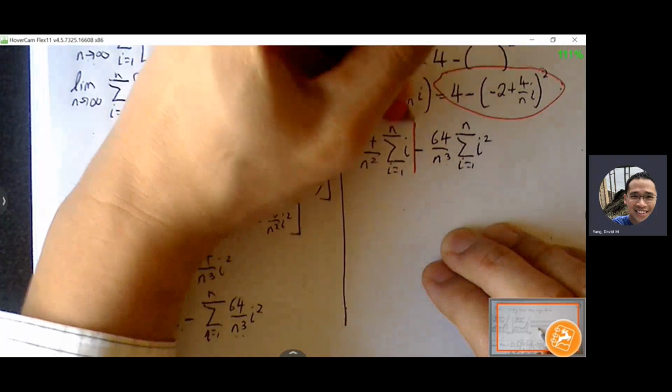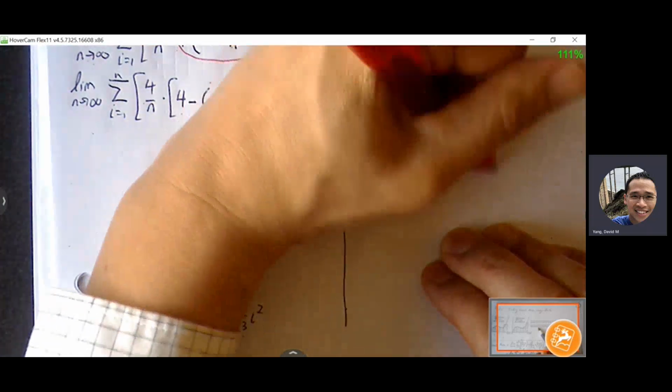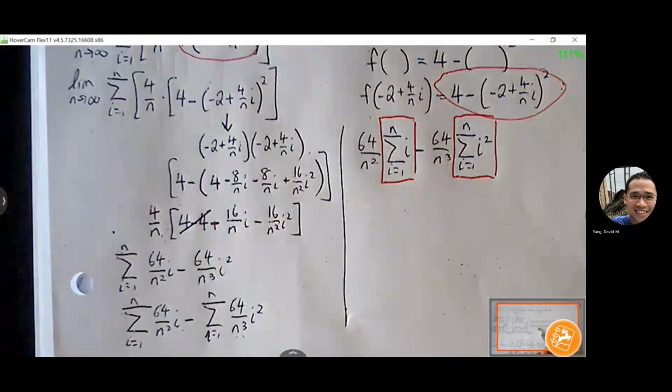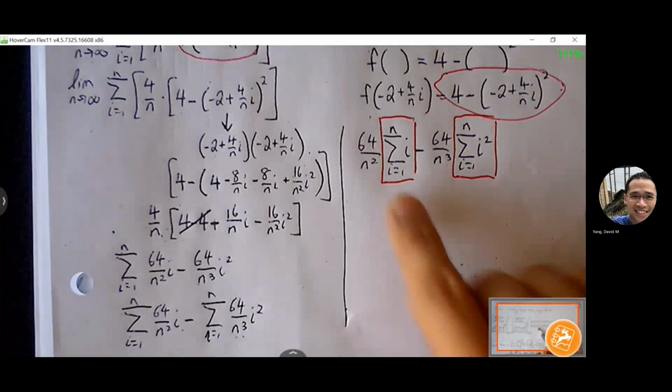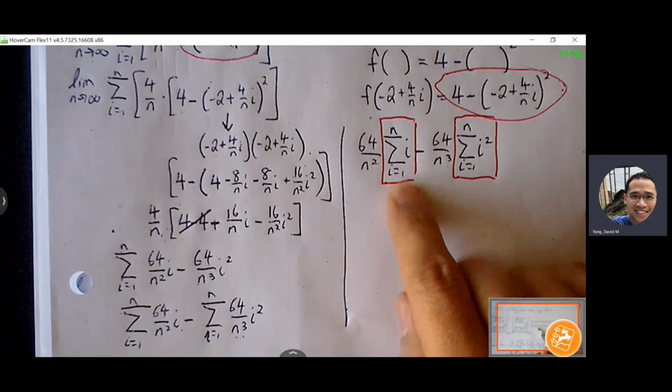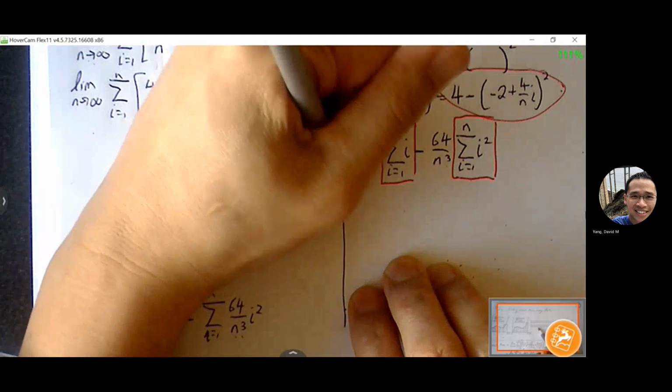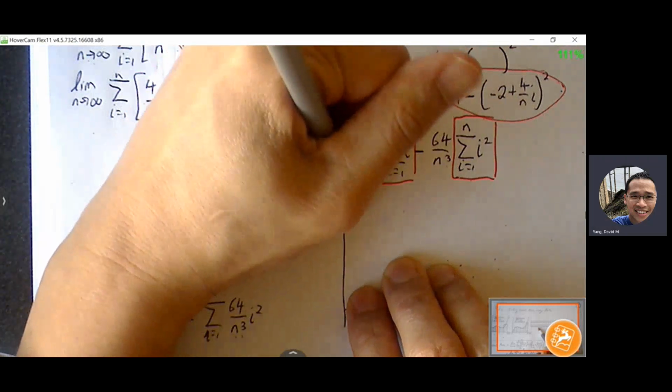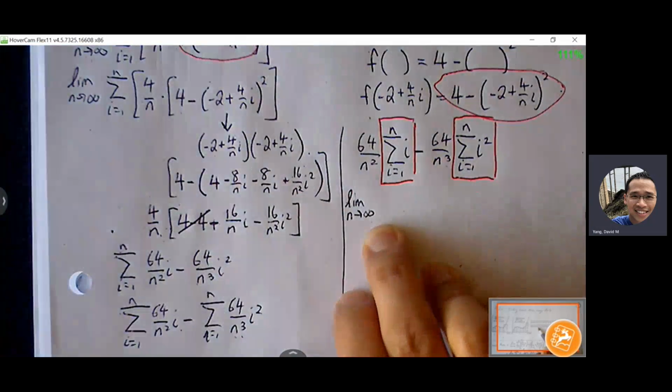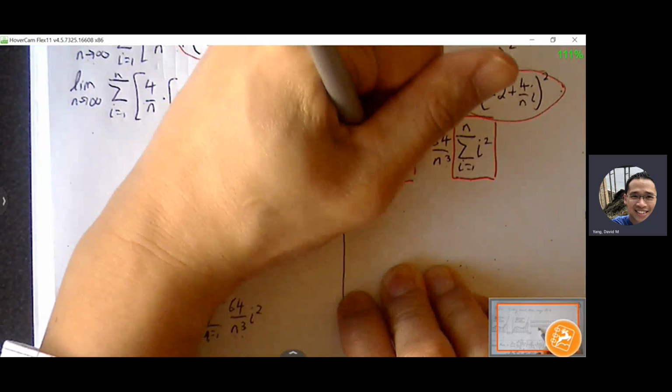Okay, so we have a clean substitution for these 2 pieces. This is the n times n plus 1 over 2. And then I'm going to remember that ultimately I'm going to be finding the limit as n approaches infinity. So I'm going to be comparing degrees once I get this cleaned up.